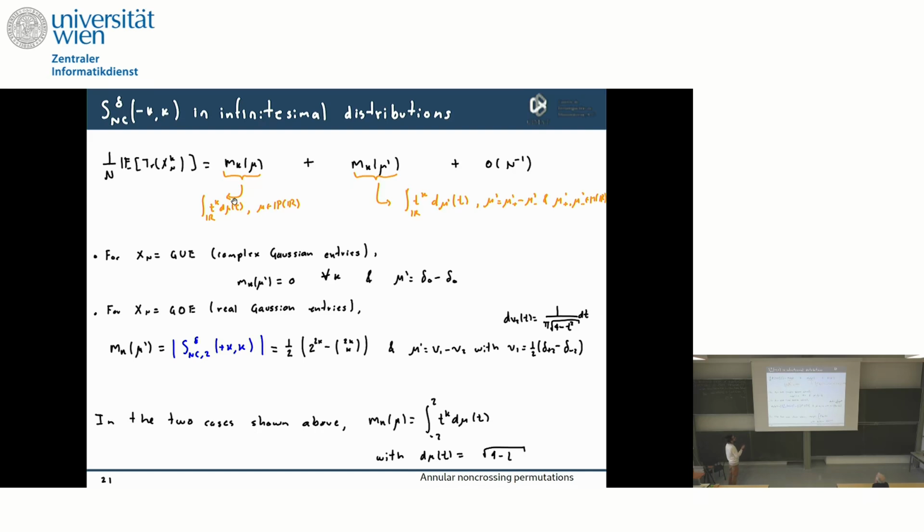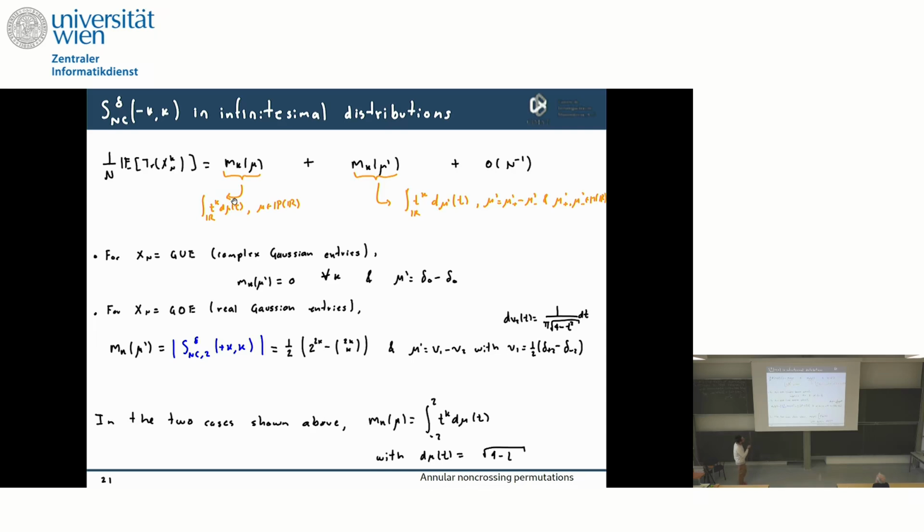Remember, this is just the usual limiting eigenvalue distribution for a random matrix. This is the infinitesimal distribution. If I take X_n equal to a complex Gaussian, that means that the entries are complex Gaussian, then the infinitesimal moments are 0.